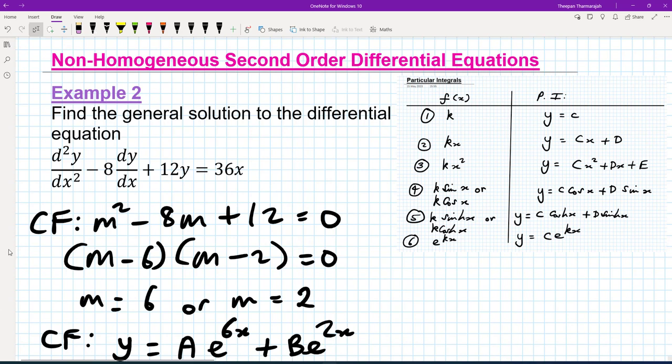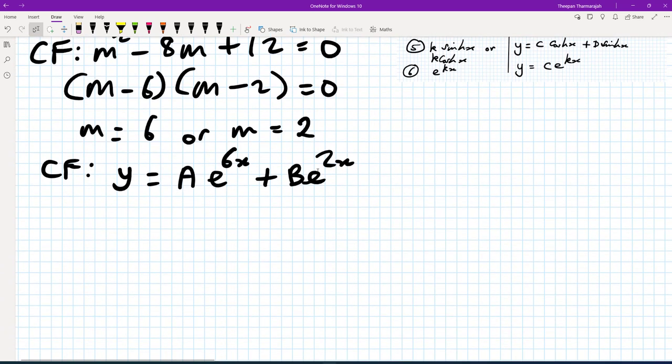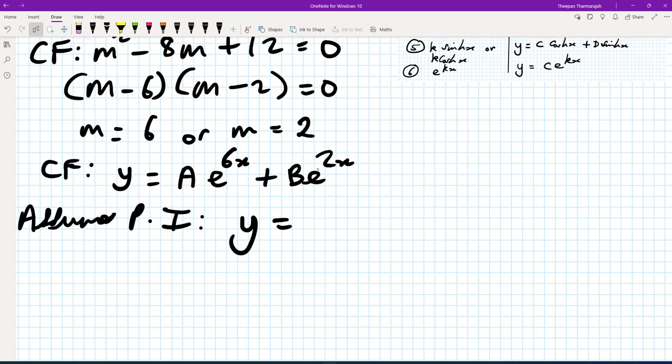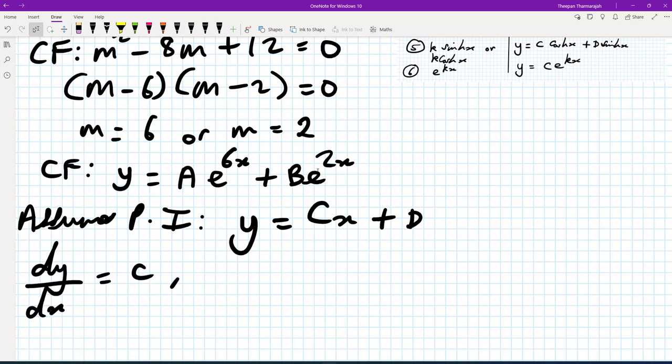So now it's a form of k times x. So we write the particular integral, just as before, y equals cx plus d. dy by dx is c, d2y by dx squared is equal to 0.